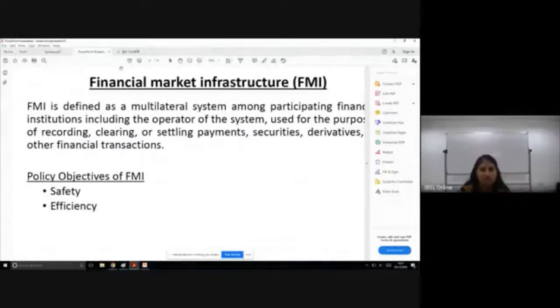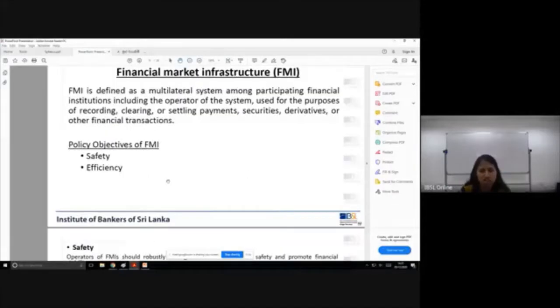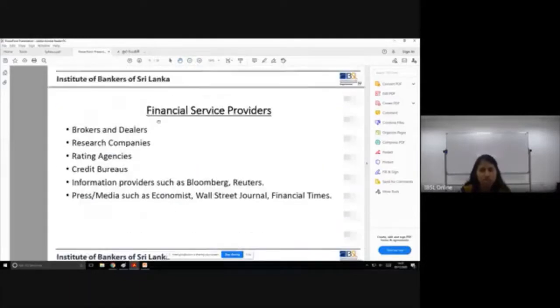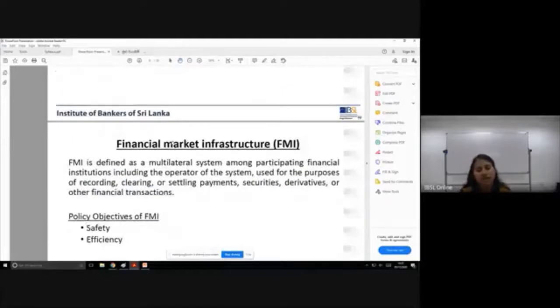Then you have financial market infrastructure. So remember these two parties, the financial service providers and the financial market infrastructure. These two are supporting entities. They are there to support the smooth functioning of the financial system.